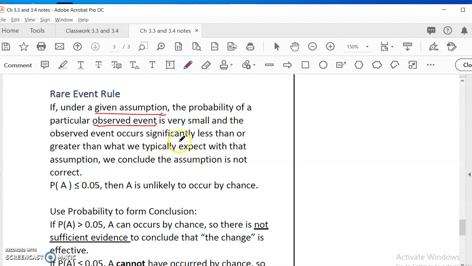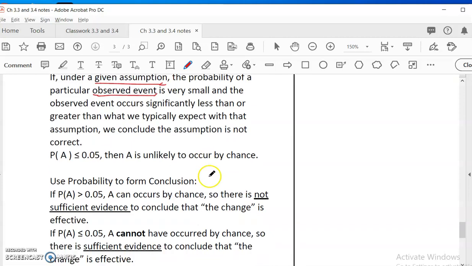A very good example would be you throw a dice. Your common assumption is the dice is fair, but you keep on seeing 6 coming up all the time. Like maybe you throw it 5 times and you have 5 sixes.